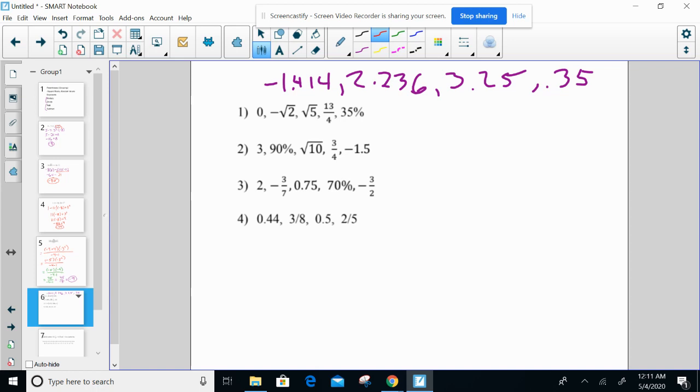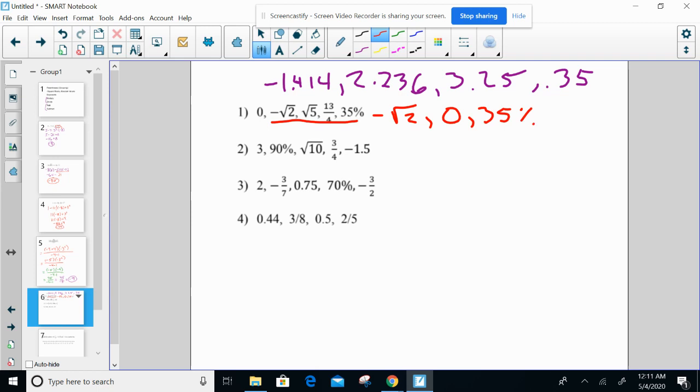So from least to greatest, here's the tricky-ish part. You need to make sure that you're writing these. Don't write the numbers that you found. So the smallest is obviously the negative square root of 2, then 0, then 35%, because 0.35, that is a small fraction.